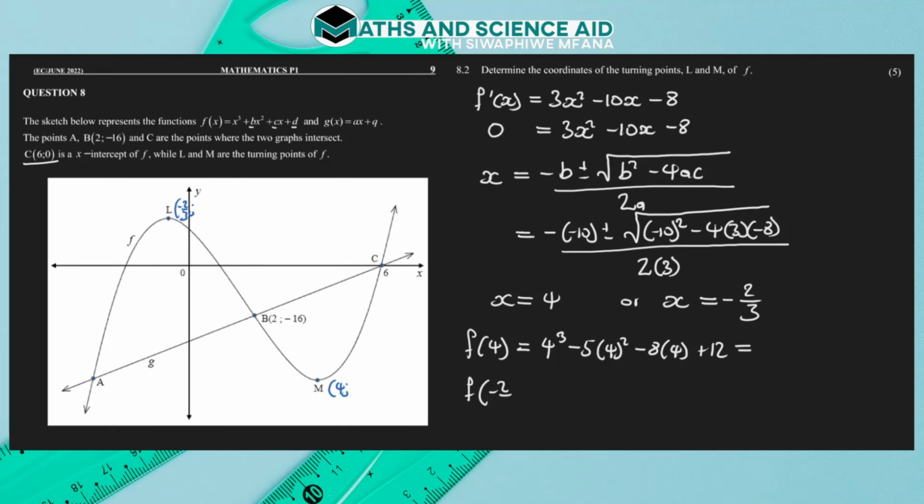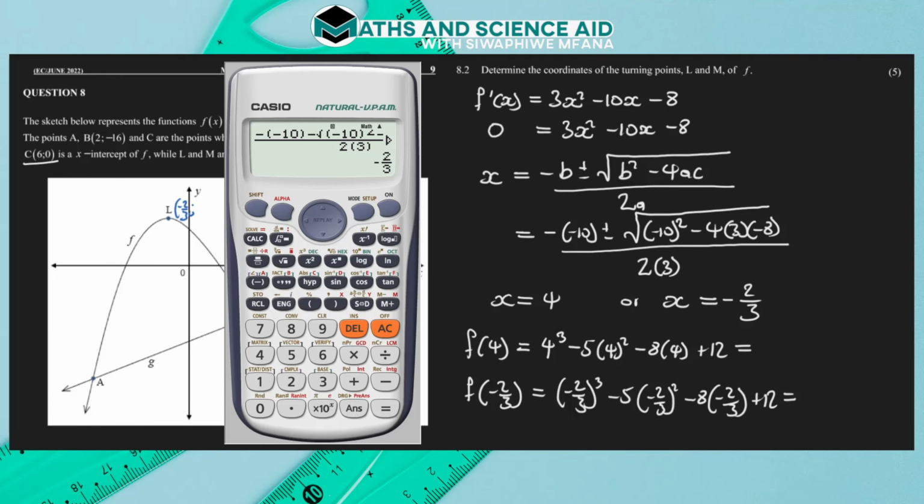And then we do the same thing for x equals negative 2 over 3. So it's the exact same thing. Okay, now we can just use our calculators again.